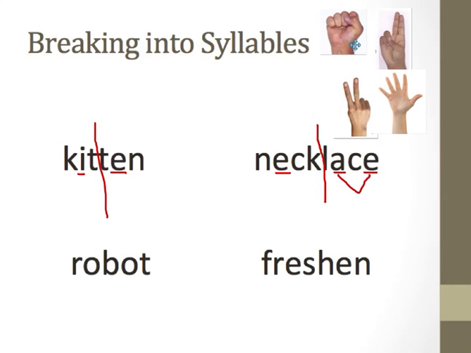On our next word, I start by finding my vowels, so I have an O here and an O here. I know that I need to split it between those two vowels, but I only have one letter. The rule typically says that when you're splitting and you only have one letter, that you're going to make the syllable split before that letter. So now I need to analyze each syllable.